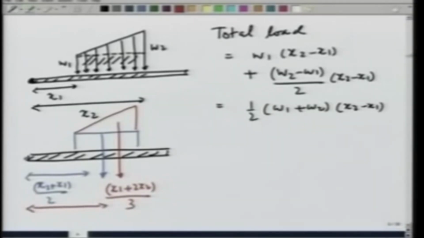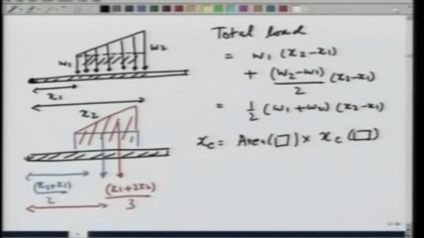So, I can take these two loads and then calculate the effective centroid for this entire area, and that we know from our previous lecture is going to be xc equals area of the rectangle times xc of the rectangle, just writing it symbolically, plus area of the triangle times xc of the triangle, divided by the total area.